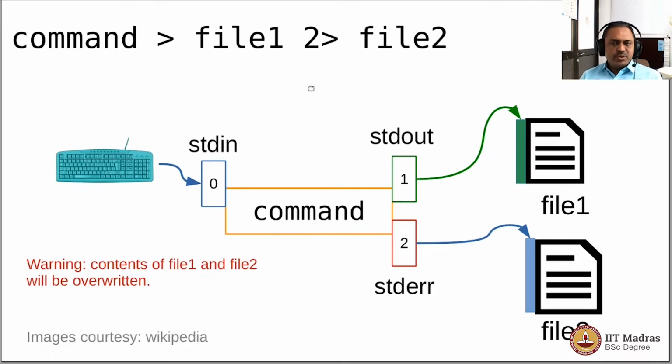And this is a very useful feature because the error file will require our attention to watch out if there was any problem with our script, whereas the output file is something that we may want to keep for our log. Naturally, the warning about file1 and file2 being created afresh will stay. That is, the directory should have the right permissions for us, and if there are any files by those names, they will be overwritten, and therefore we have to watch out what names we are giving for those files.